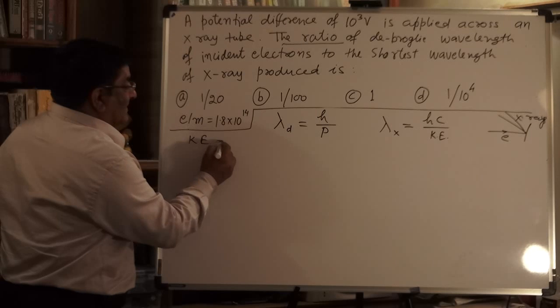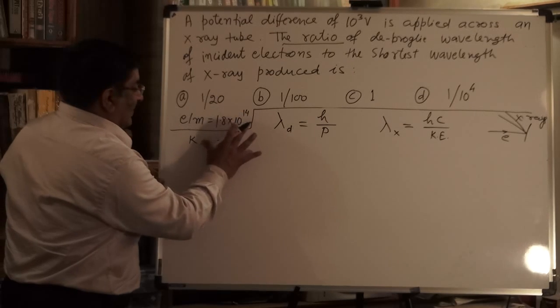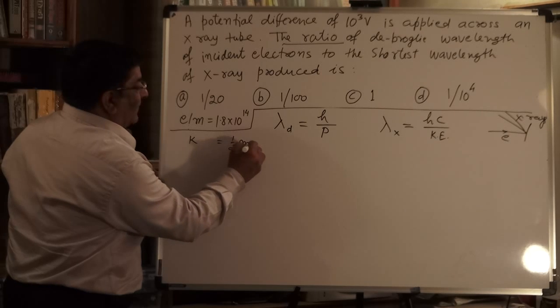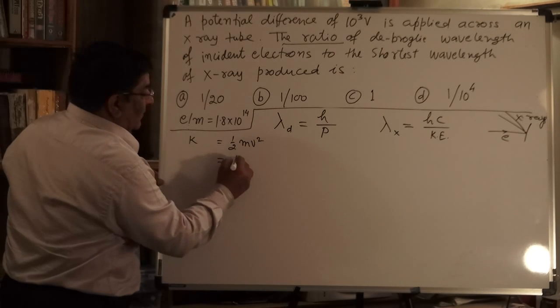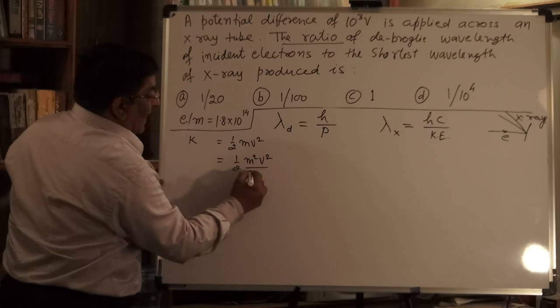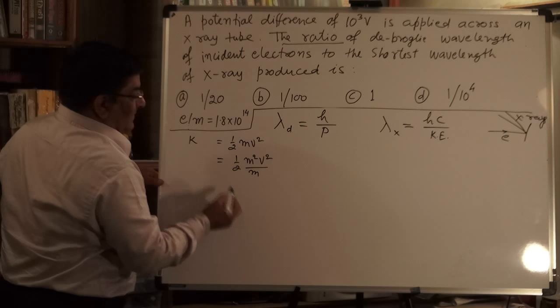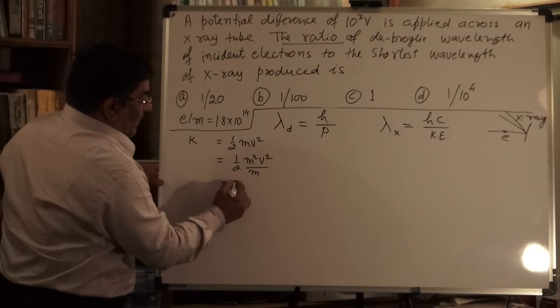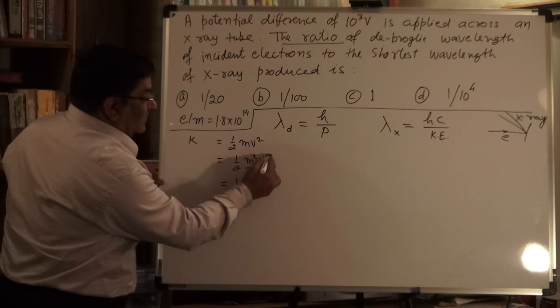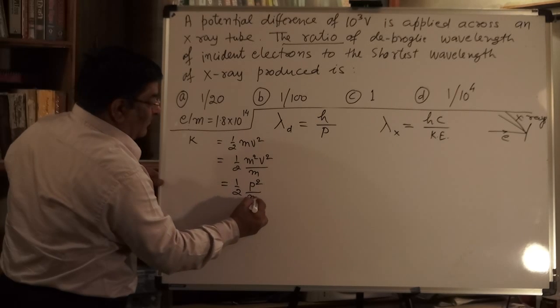Kinetic energy K is equal to half mv square, which is equal to half m square v square upon m, which we can write as p square upon 2m, momentum square upon 2m.